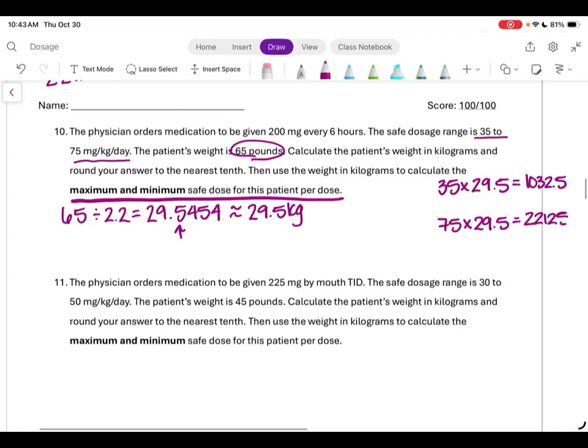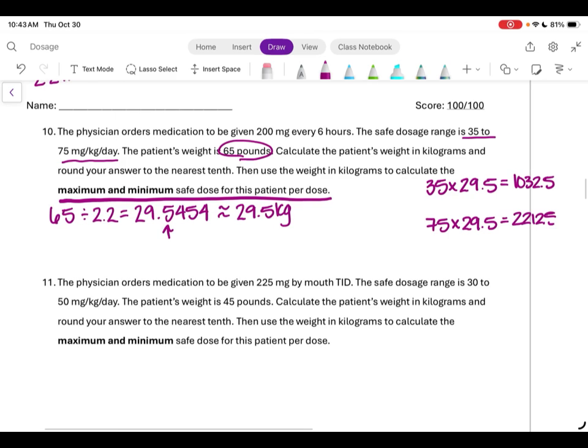Okay. So, right over here, we figured out our milligrams per day for this patient based on their weight, right? So, every 6 hours, right, we know is 4 doses. So, if we're looking to figure out our maximum and minimum per dose, then we take our maximum and minimum per day and divide it by the 4 doses, right?